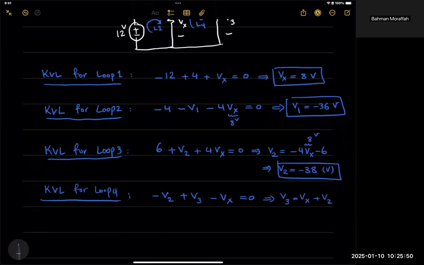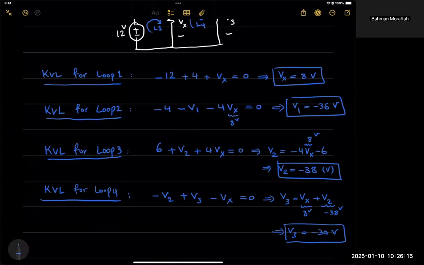I already computed Vx and I already know V2. Therefore, V3 is minus 30 volts. Again, all I did was write KVLs for the loops, and I basically stick to the convention that we had.